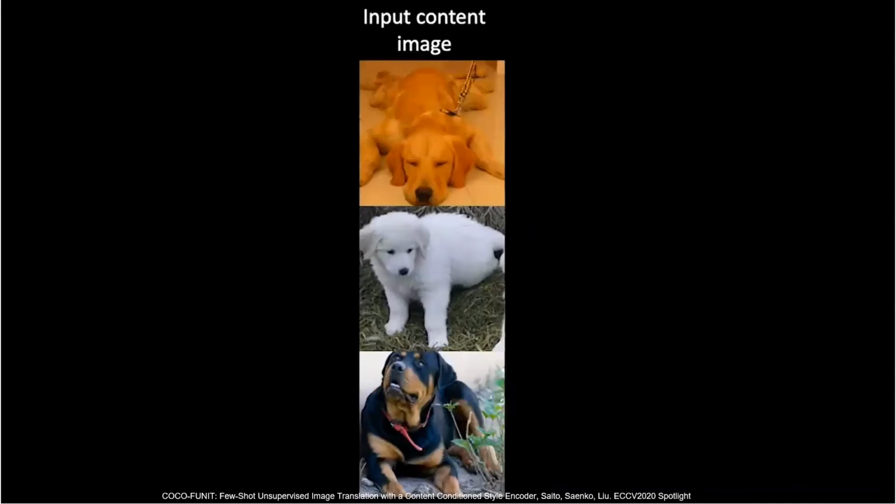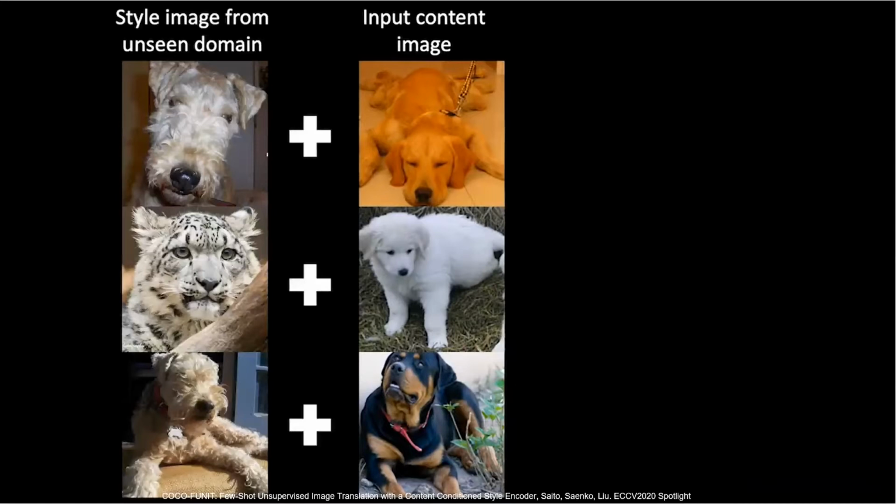So to illustrate what I mean, I'll show you an example. Here we have some content images of different animals. And so our goal is to take these content images and translate them based on a given style image. So here the domain is essentially the species of the animal, and the content that we want to preserve in the translation is the pose of the animal.